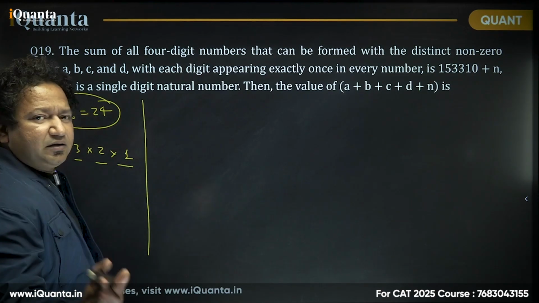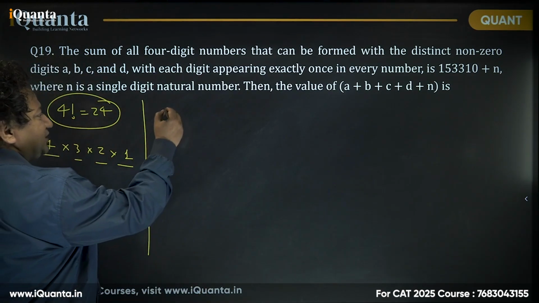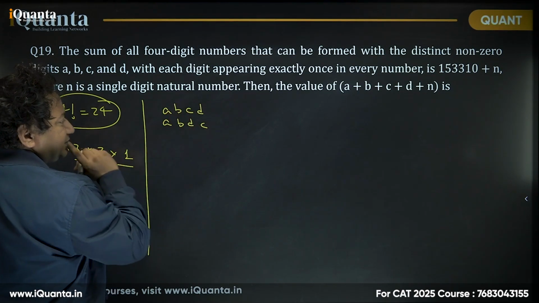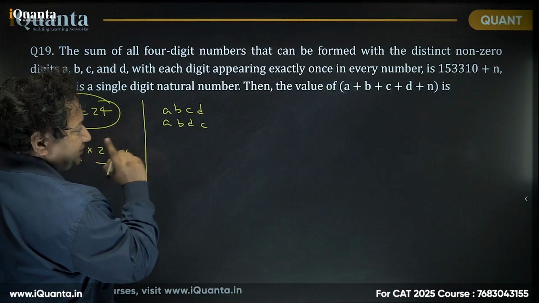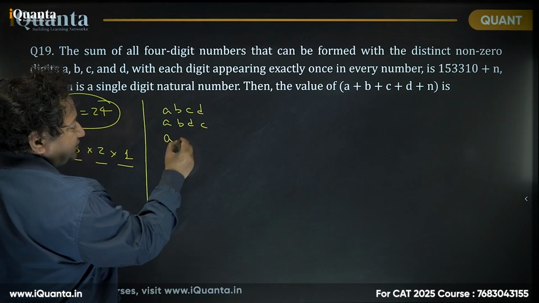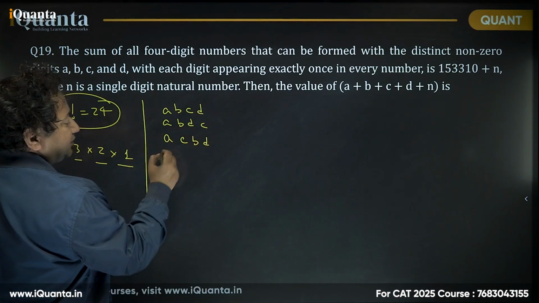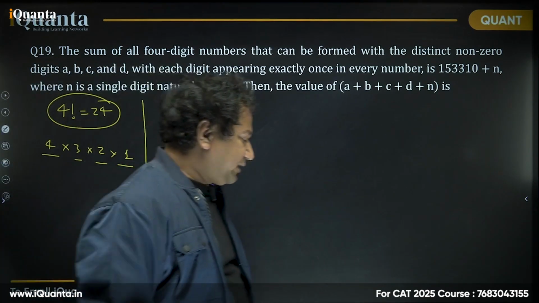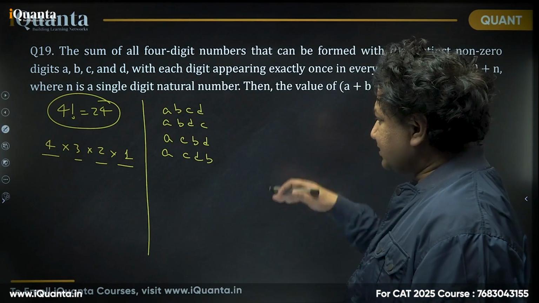And if you try to imagine how those numbers will look, they look like this: A, B, C, D; A, B, D, C. What can be done now? A, C, B, D; A, C, D, B, and so on. So basically we can rearrange this in various ways.